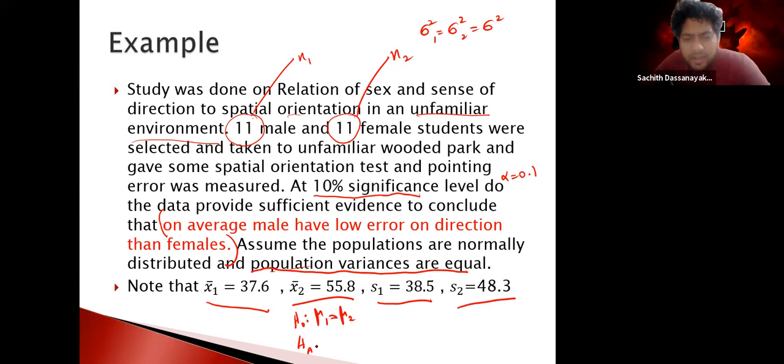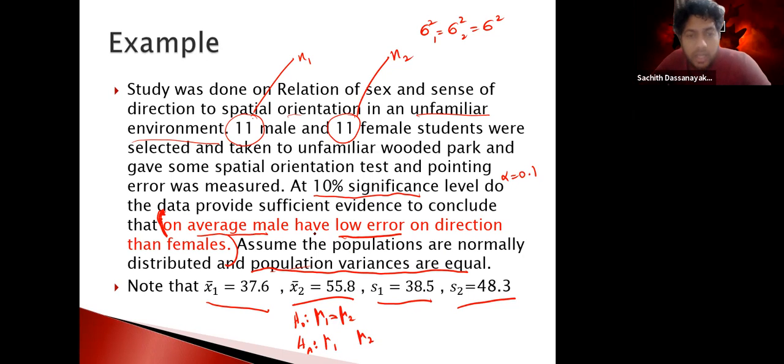For the alternative hypothesis, based on the researcher's claim, on average males have lower error on direction than females. Mu1 and mu2 are based on this average of error.